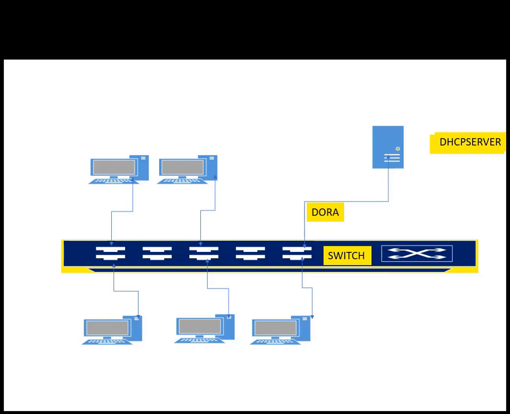So that is the process. This client computer can get an IP address from the DHCP server. By the way, this server is based on Windows, let us say a Windows operating system like Server 2009, Server 2019 or 12, whatever it is.